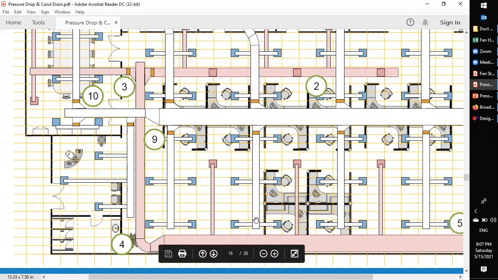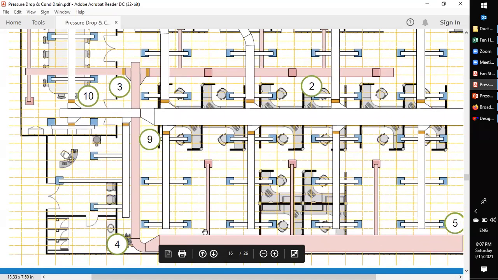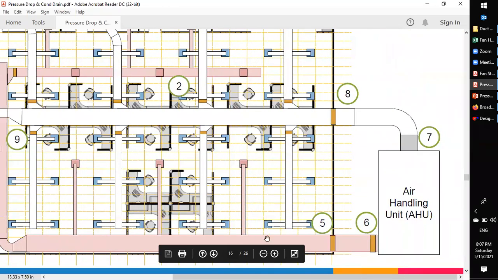Let's go back. So here we enlarge, and then converge again, converge, straight duct, converge, straight duct, converge, fire damper, volume control damper, and then air handling unit.